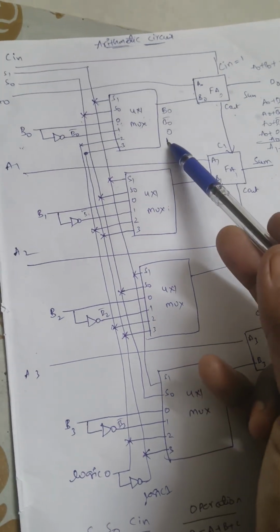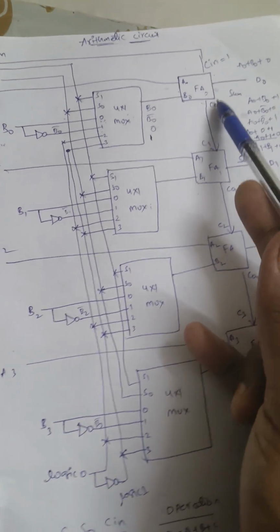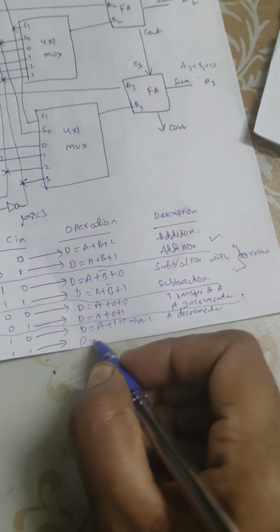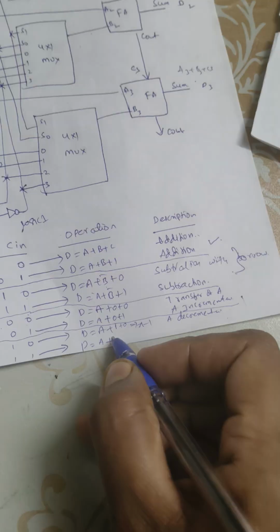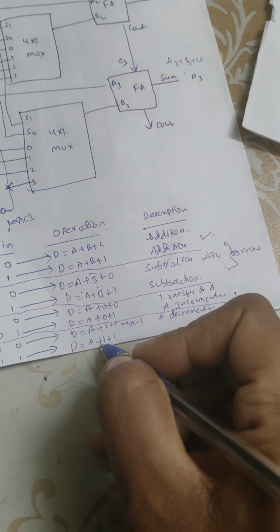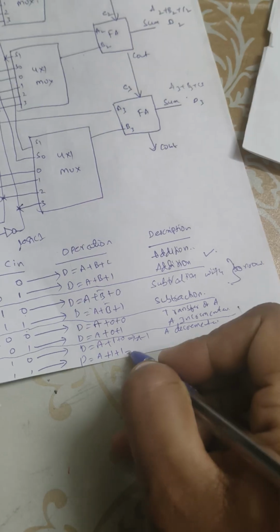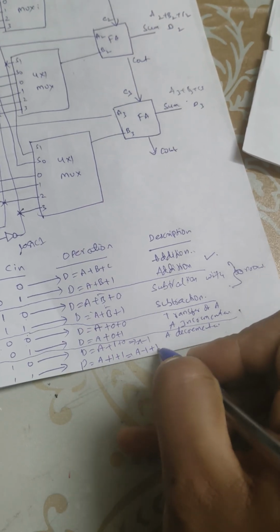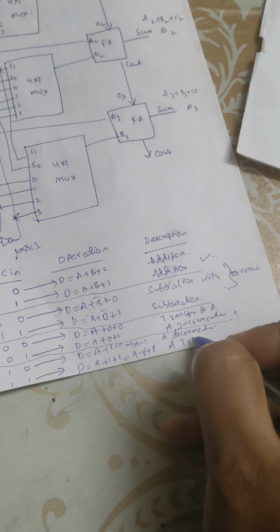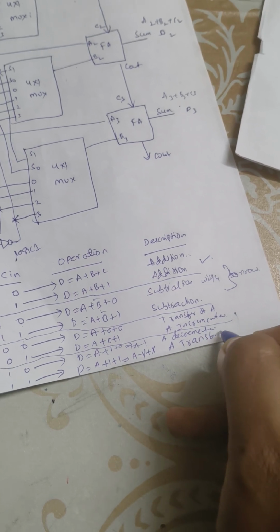So what is the third bit? 1 is selected here. So what is the final output? That is simply D is equal to A plus 1 plus 1. Okay, so how can we write it as A minus 1 plus 1? It will simply get cancelled. So what are we getting? We are simply getting A. So transfer of A.